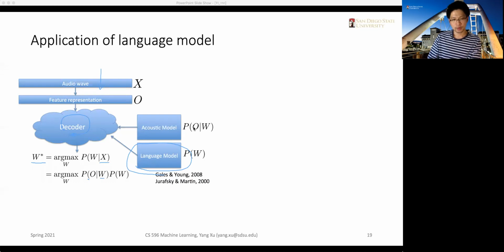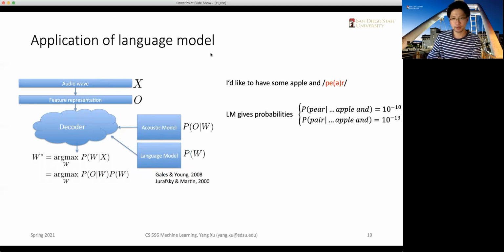During the decoding stage, the language model will be used together with the acoustic model. Okay, so the language model models the probabilities of the words given the previous words. Let's look at this example here.